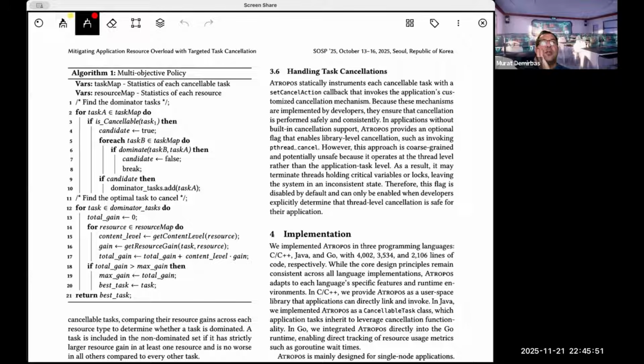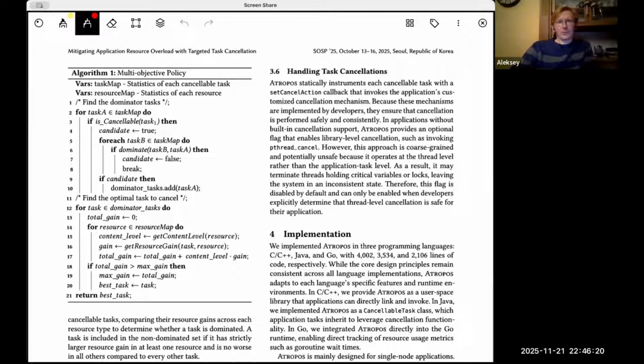For task in dominator tasks, do total gain 0. For resource in resource map, get contention level, gain, total gain. If total gain is greater than max gain, then max gain is total gain. Best task.